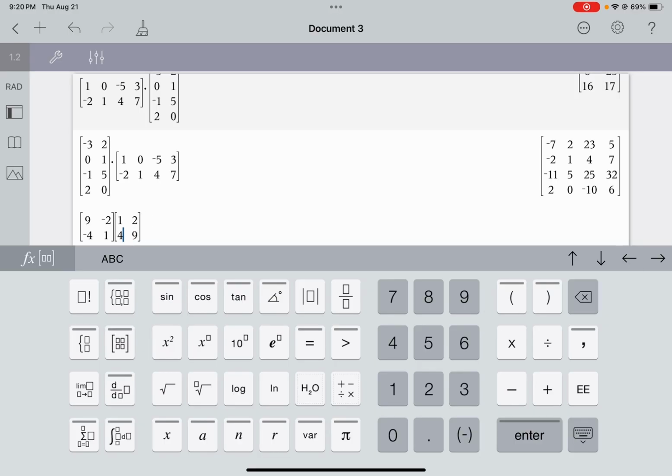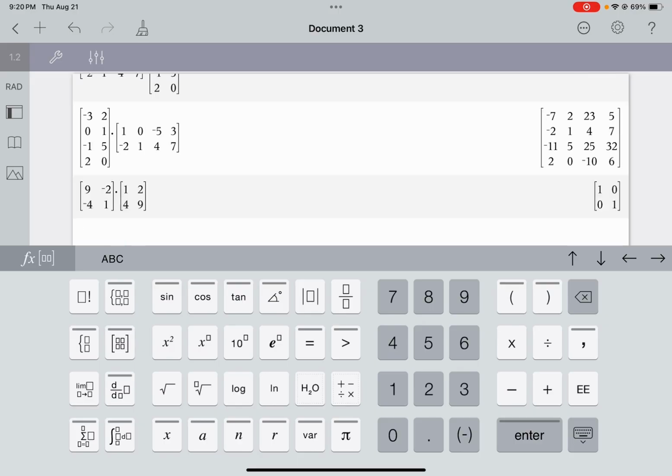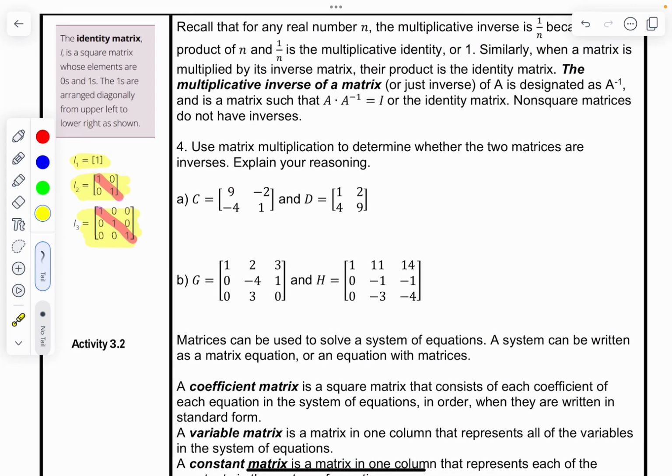Okay, so when I multiply this out, I do get that identity matrix. So let's go here. And so what we're going to write is C times D is equal to 1, 0, 0, 1. Okay, so yes, these are inverses.